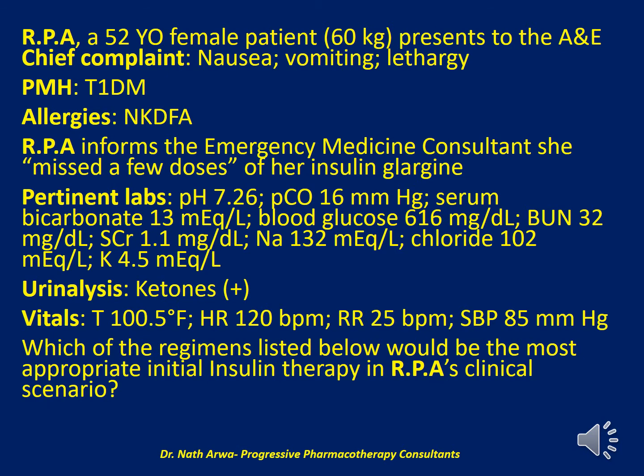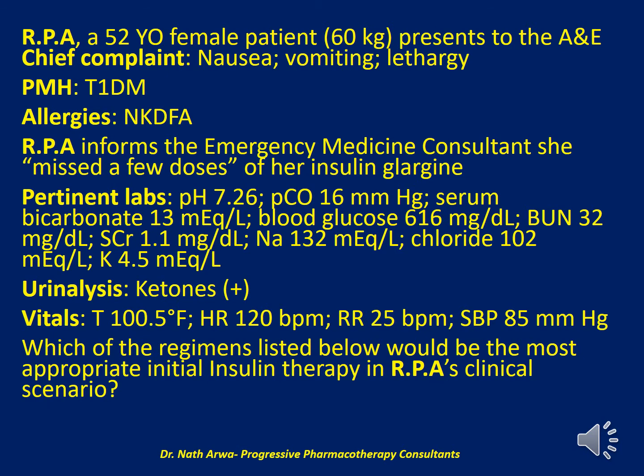Her urinalysis results include ketones plus. Her pertinent vitals include a body temperature of 100.5 degrees Fahrenheit, a heart rate of 120 beats per minute, a respiratory rate of 25 breaths per minute, a systolic blood pressure of 85 mm of mercury.